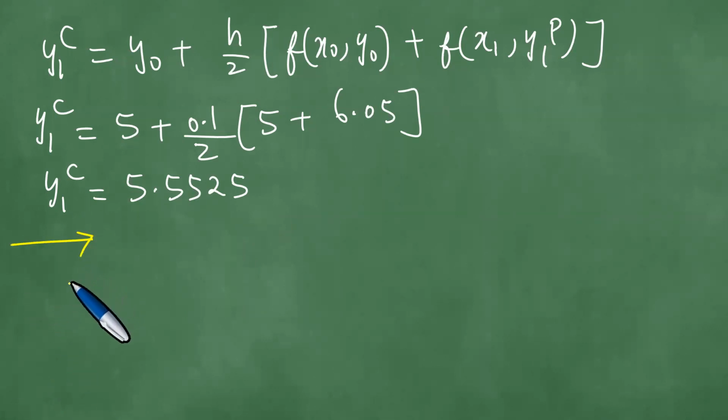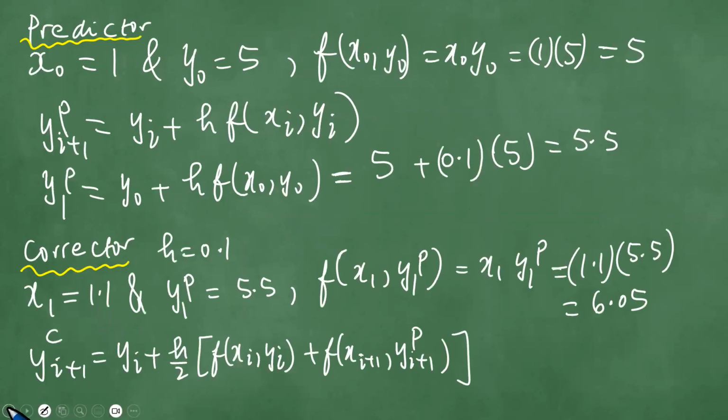What is the first part? Well, the first part is the computation that corresponds with the x0, y0 part. Because from x0, y0, we must get the predictor and the corrector immediately afterwards.